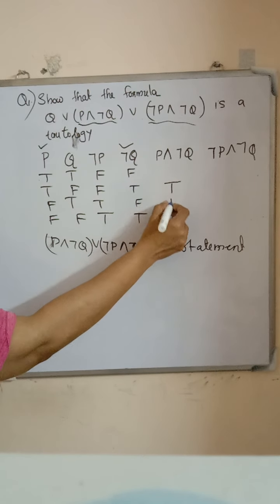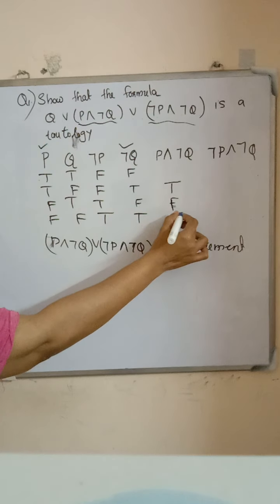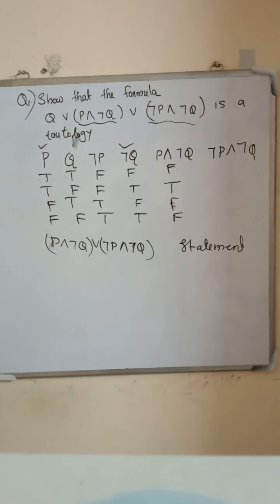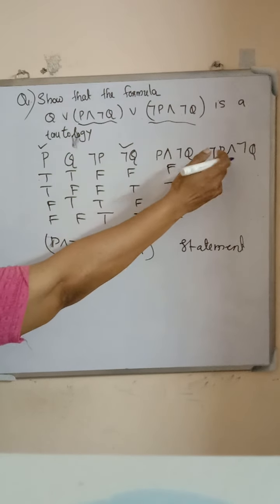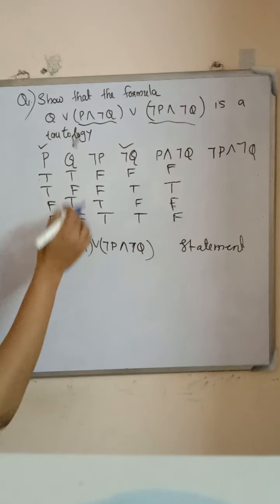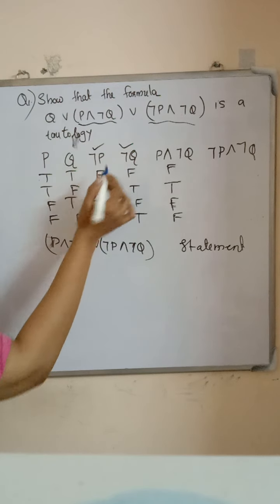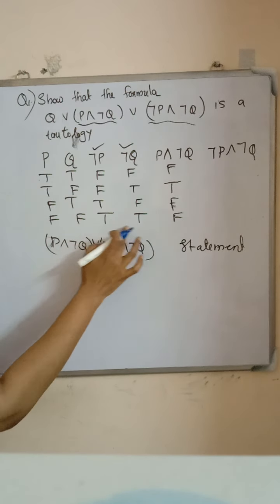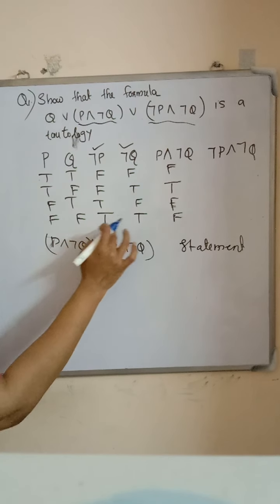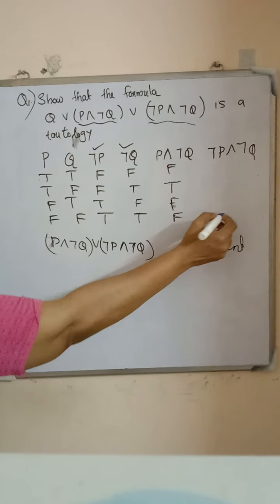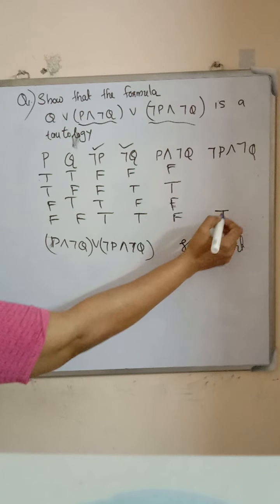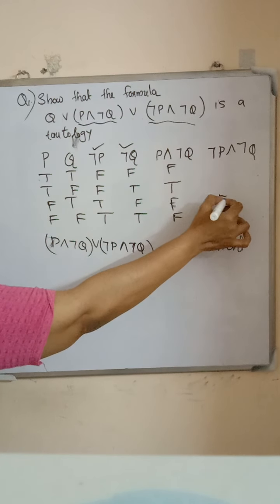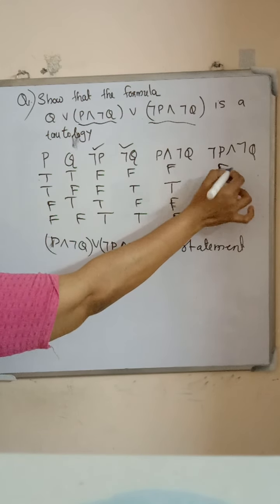In all other cases, it becomes false. What about negation P and negation Q? Here, in the last row, negation P and negation Q are true, so the statement is true in the last row. In other cases, it is false.